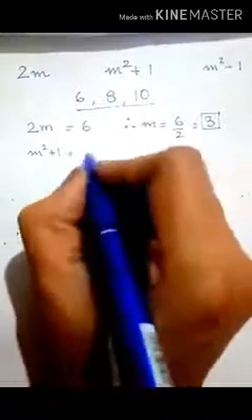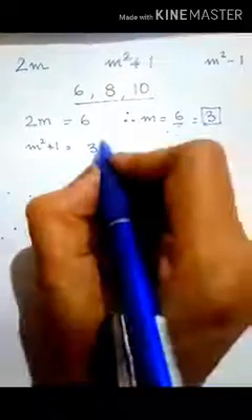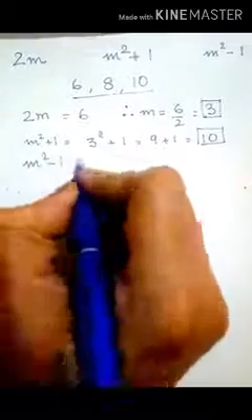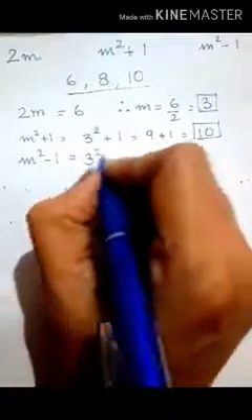So to find m square plus 1, my m is 3, I just calculated m as 3, so I'll find 3 square plus 1. 3 square plus 1 is 9 plus 1, that is 10. So this is my second number, and m square minus 1 gives me 3 square minus 1, that is 9 minus 1, that is 8.